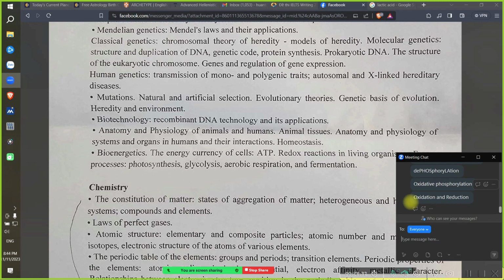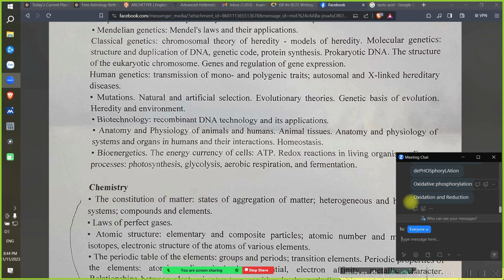So the total equation will be NAD plus and hydrogen, and there are 2 electrons, and it's going to form NADH. That is the full equation of NAD plus to NADH. Here on the left, we have 2 electrons.